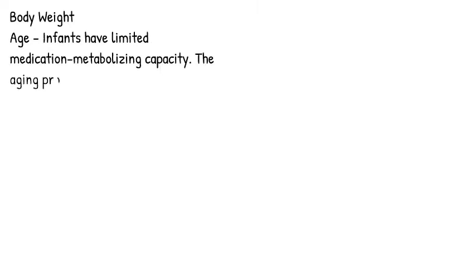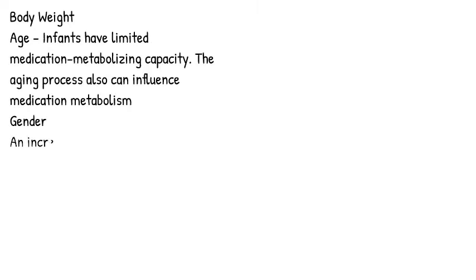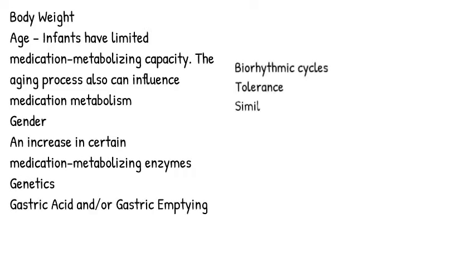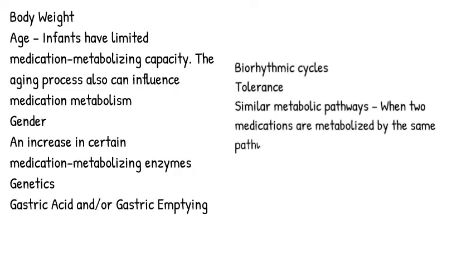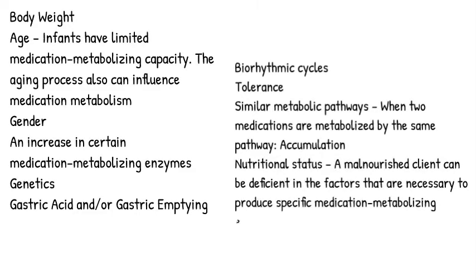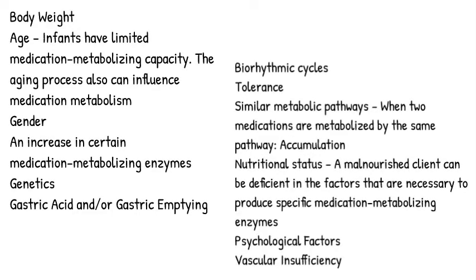So there are some other factors that may impact metabolism. And this is just a list of some of them: age, gender, metabolizing enzymes, genetics, gastric emptying and gastric acid, tolerance, vascular insufficiencies, nutrition. These are just some pathways and some mechanisms that may impact metabolism of certain medications.